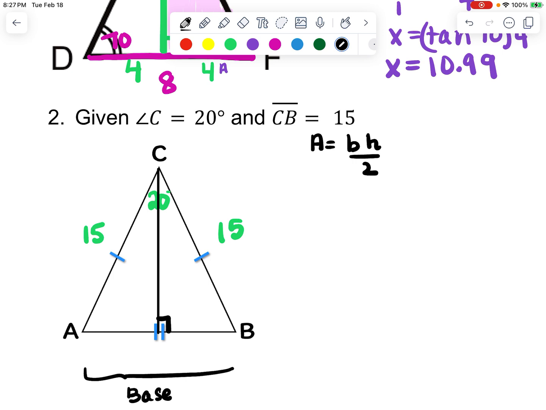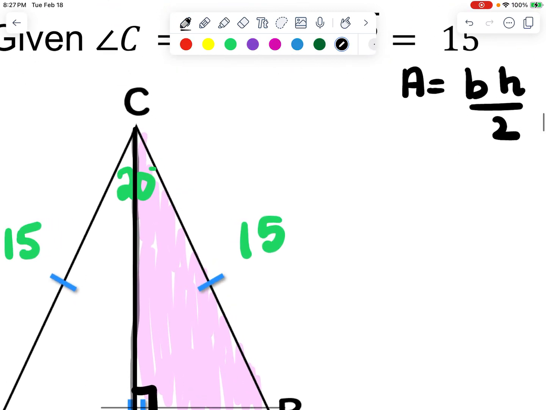I don't know what that is, but I want you to focus your attention on this pink triangle again. Okay? So I can get some information. First of all, see this height? I'm sure you already know, what does it do to that 20? It splits it in half. So I have 10 degrees here and 10 degrees here.